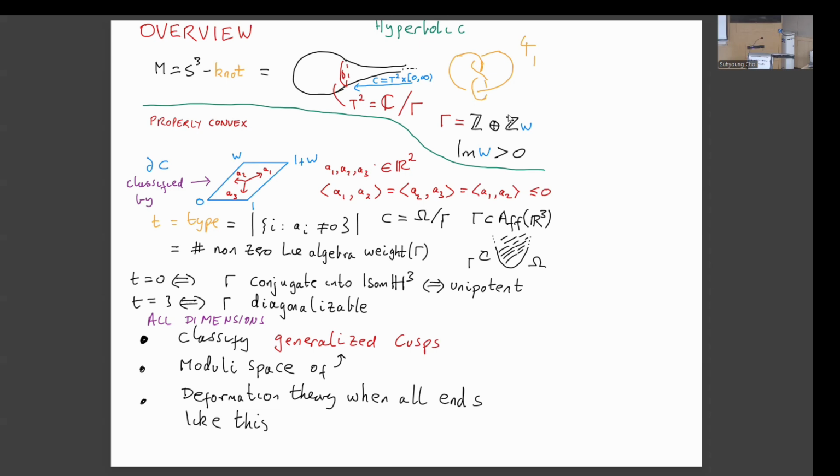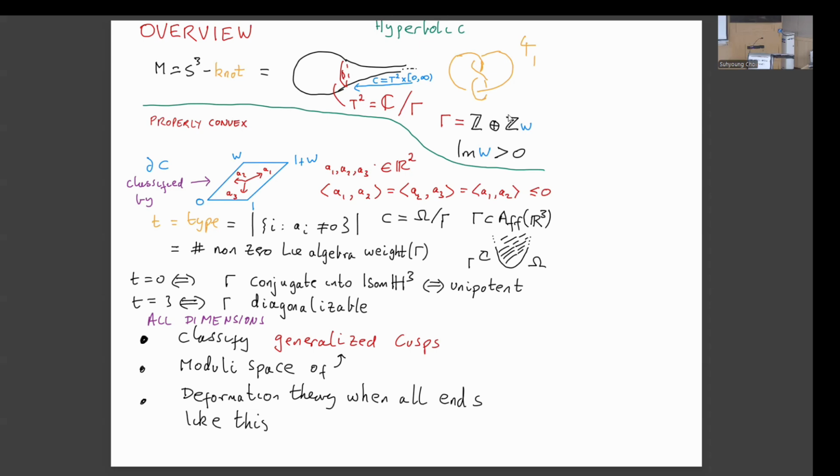So again, you have this complex number W. But in addition, you have 3 vectors in the plane, well, 3 vectors actually in this parallelogram, A1, A2, A3. And these vectors are not arbitrary. They satisfy the condition that if you take the inner product of 2 distinct vectors, you always get the same number, and it's a number that's less than or equal to 0.